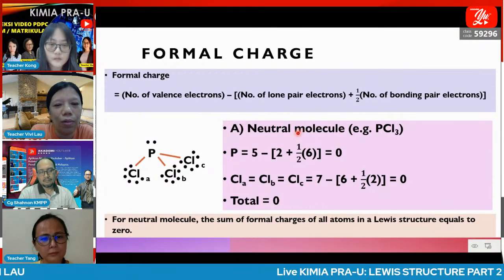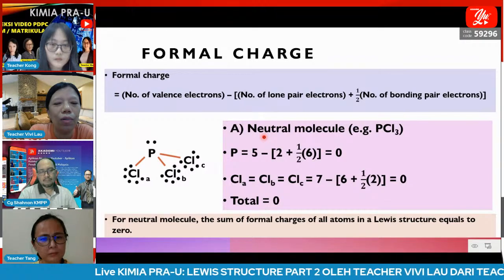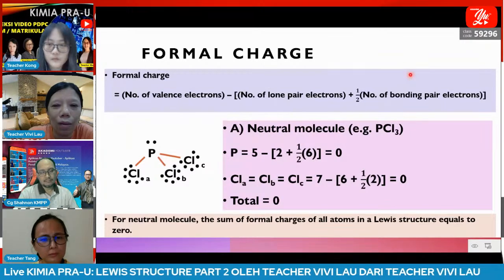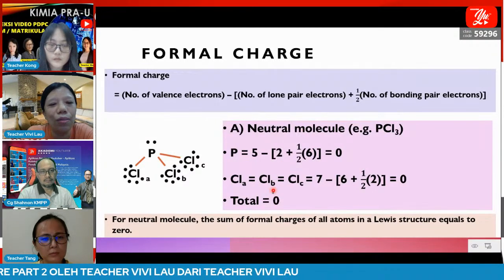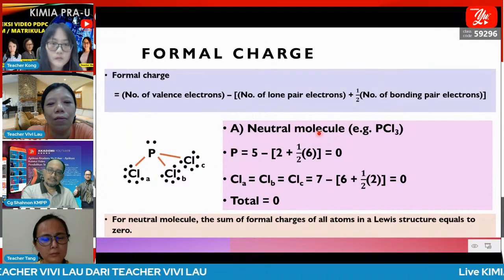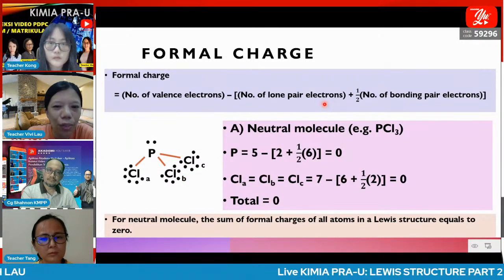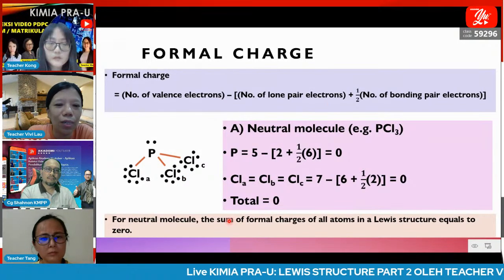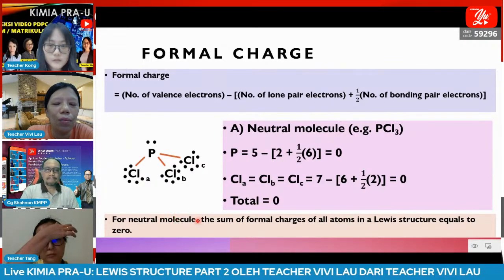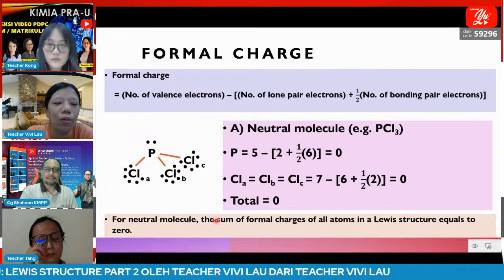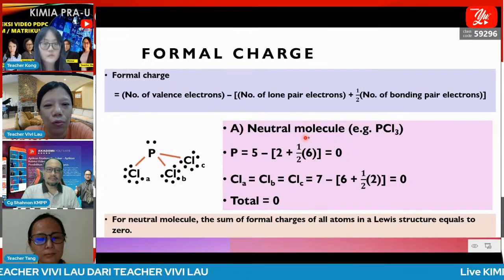We have a different calculation for charged ions. The formula is the same, but the determination of the base formal charge is different. For neutral molecules, the sum must be 0. For the charged one, the sum of the formal charges should be equal to the charge of the ion.